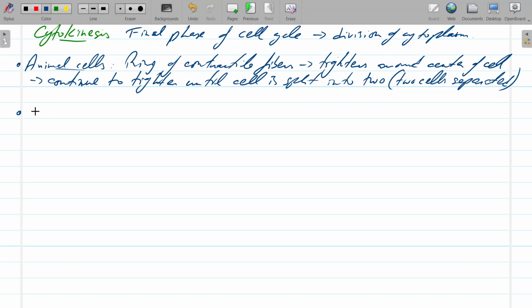Okay. In plant cells, right, because they have cell walls, right? So what happens is the cell wall starts building up from the inside to the outside of the cell.